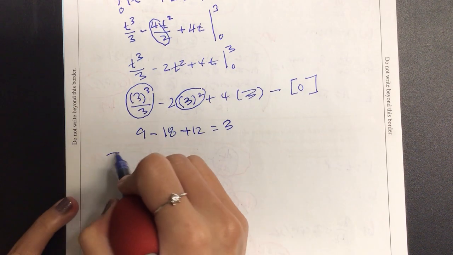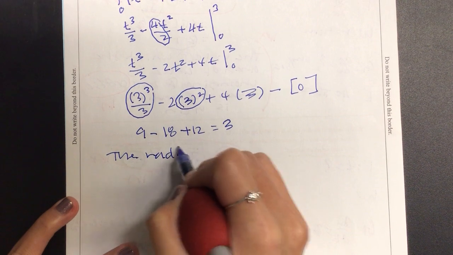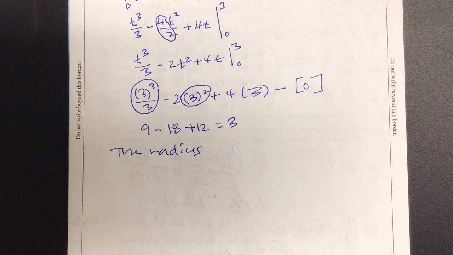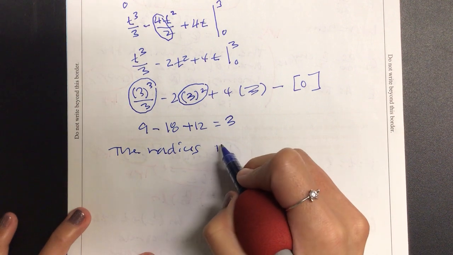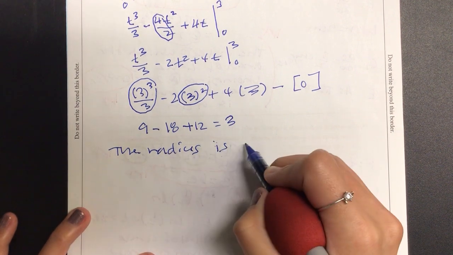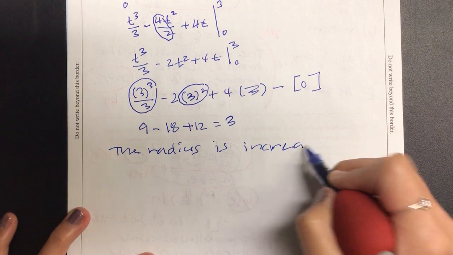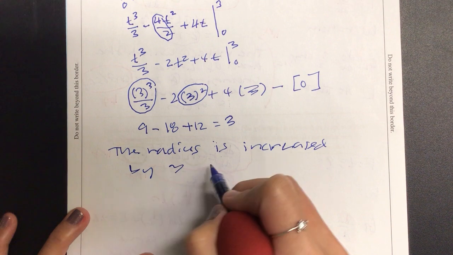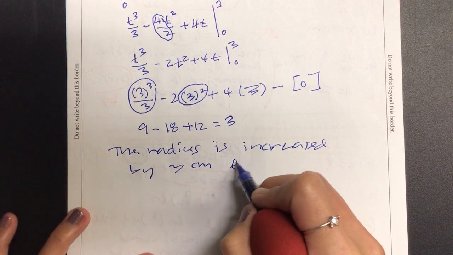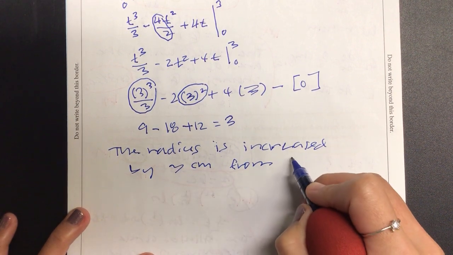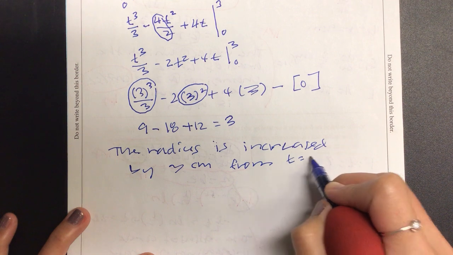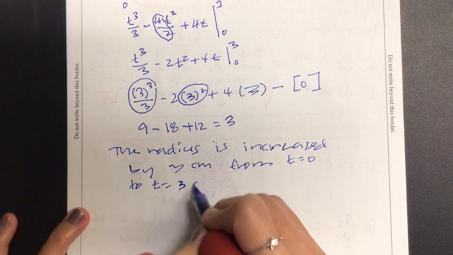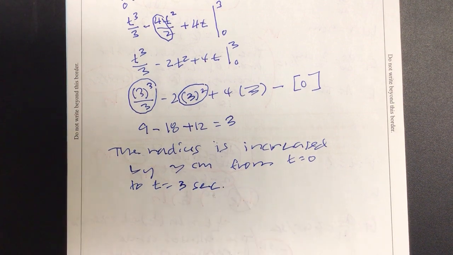So let's write out the radius. Is the radius increasing or decreasing? Increasing or radius is increased by 3 centimeters from, and always mention the time, from t equals 0 to t equals 3. And again, we need our units, seconds.